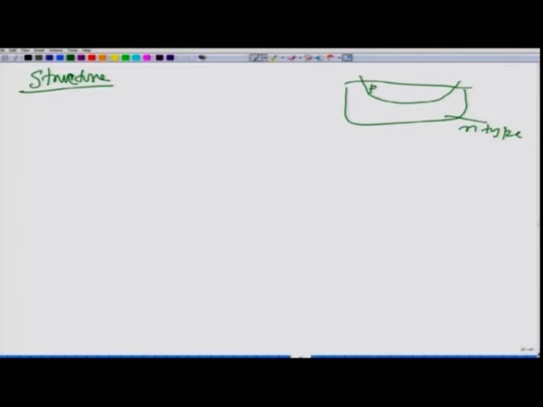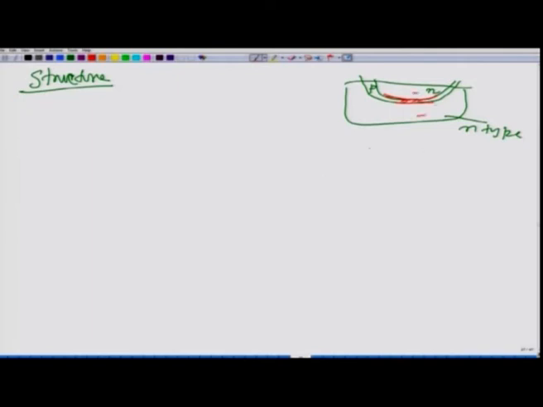So, you have an Np junction, and then again you diffuse n type, and that makes another junction. So, you have two PN junctions, one junction here and another junction here. This middle one is P, and this side is N, this side is N.